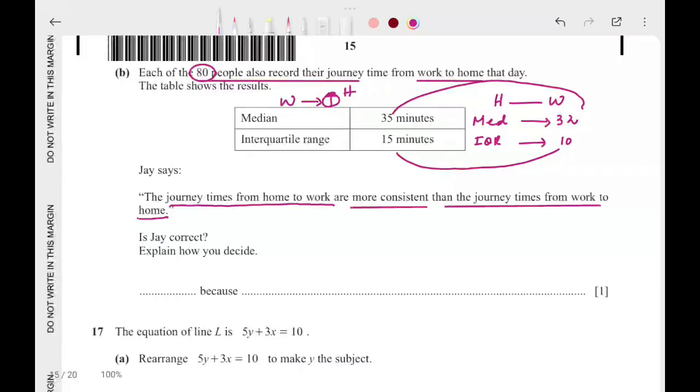To check the consistency level, we have to see if the median or interquartile range is smaller than that of the other journey, so that is more consistent. So over here the interquartile range of work to home is 15 minutes, whereas the interquartile range of home to work is 10. So he's right.